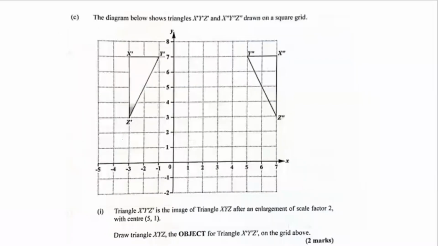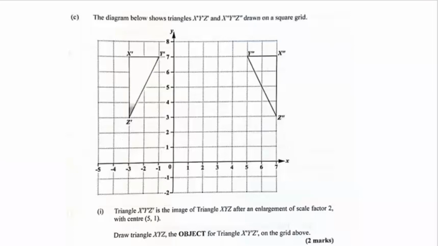Part 1 says triangle x prime, y prime, z prime is the image after an enlargement of scale factor 2 with center 5, 1. It says draw triangle XYZ, which is the object for triangle x prime, y prime, z prime, on the grid.